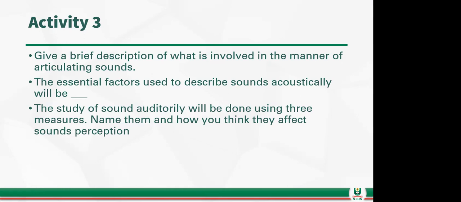Okay, let me talk again on the manner of articulation. Let me talk about the affricates. They are produced when the articulators entirely block the vocal tract and then let go slowly, allowing a narrow space in the mouth for air flow to take place.